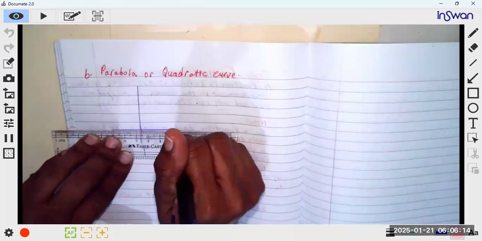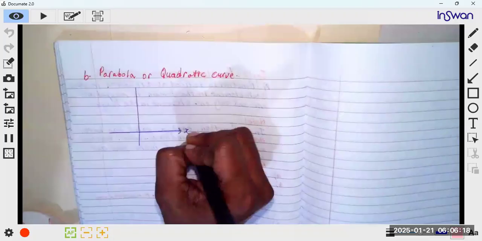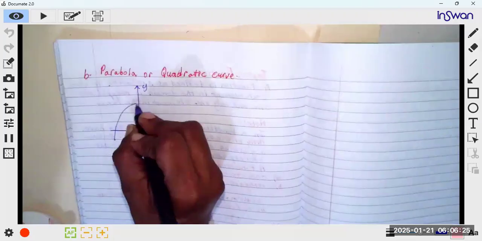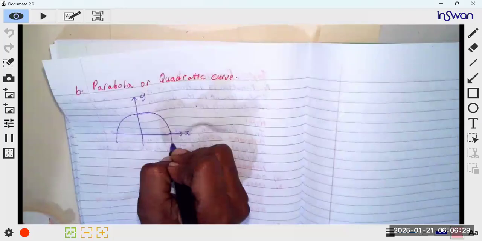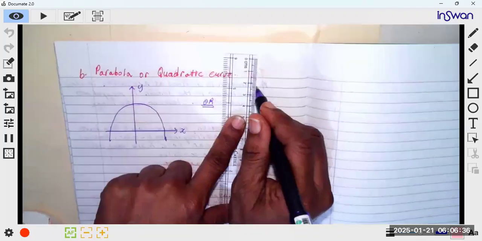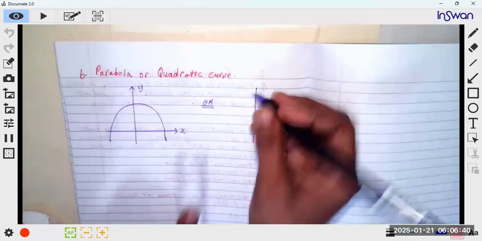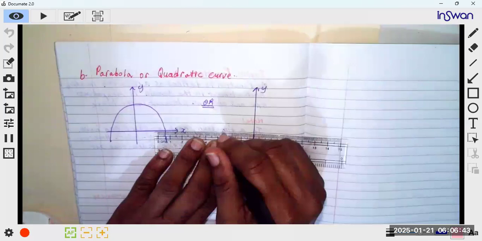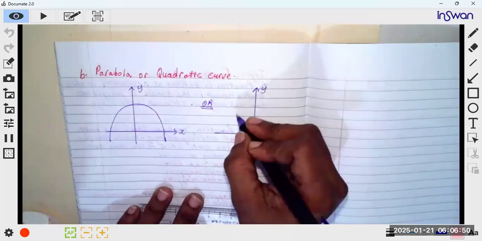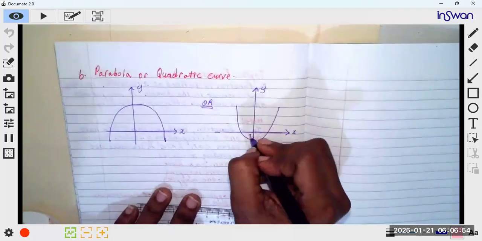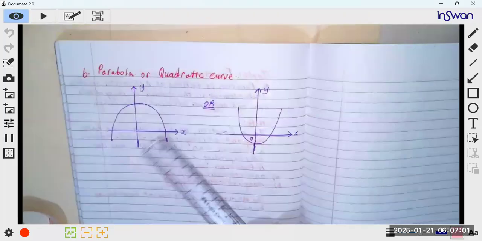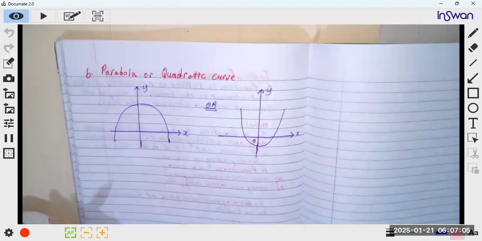So this is my X, this is my Y. So it can be in this format, like that. Or this is what we call a maximum, or it can be in this format. Y and X. So it will be like this. Here is 0, here is X, here is Y, and that's how you get it. That's B, parabola or quadratic curve or graph.